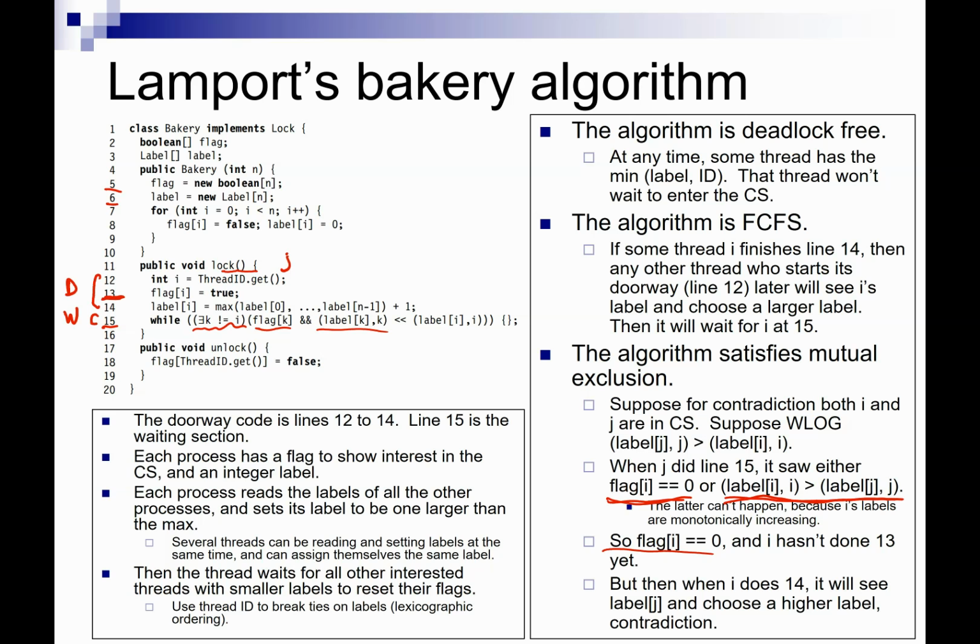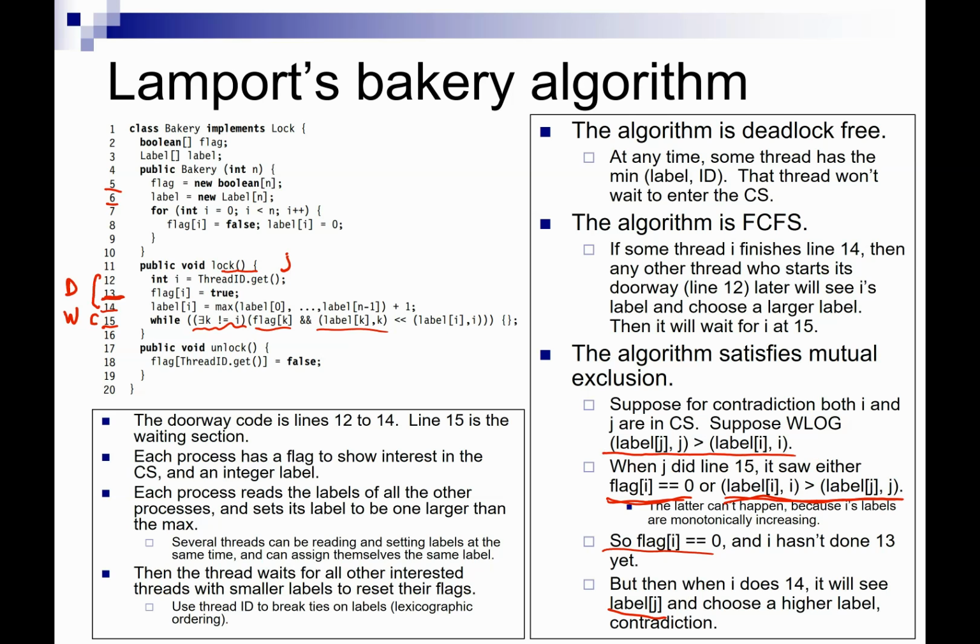So I is going to do line 13 afterwards, and then he's also going to do line 14 afterwards. When I does line 14, he reads everybody's labels. He's going to read J's label, and then set his label to be larger than J's, which again contradicts the assumption that J has a larger label.